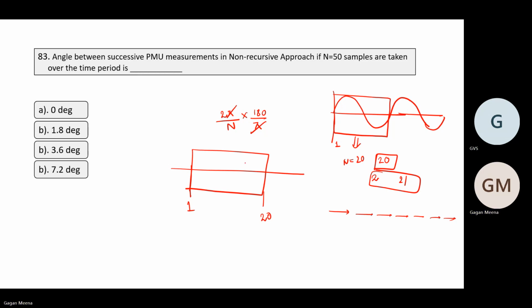In recursive, we use the DFT which we have already calculated. We don't want to calculate the DFT again. Can we use the DFT calculated for the previous window to update the DFT for the new window? For the 21st sample, what is the angle between these two samples?